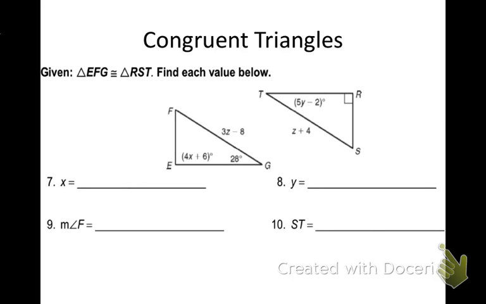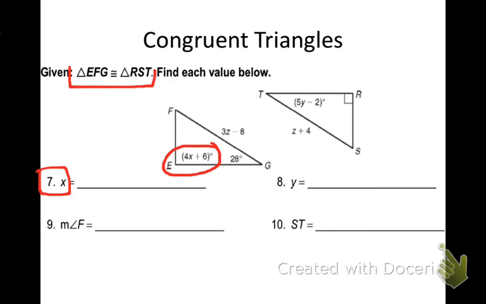Alright, so continue on here with congruent triangles. I'm given triangle EFG is congruent to triangle RST. I need to solve for X here first. I see an X right here with 4X plus 6.